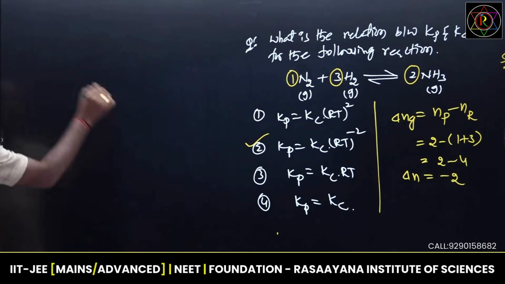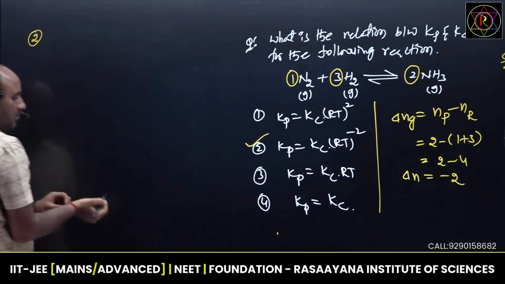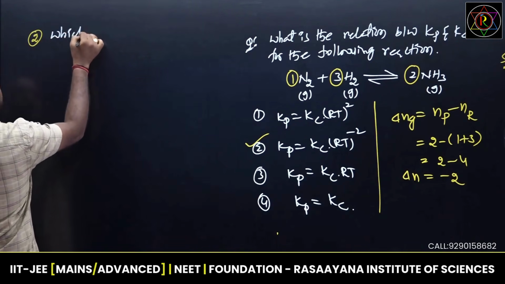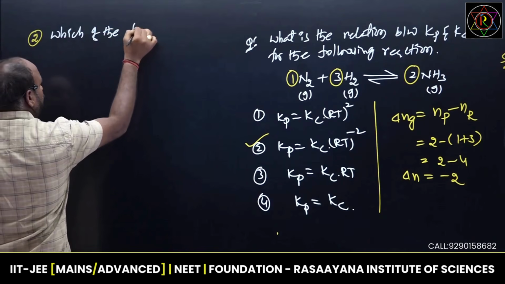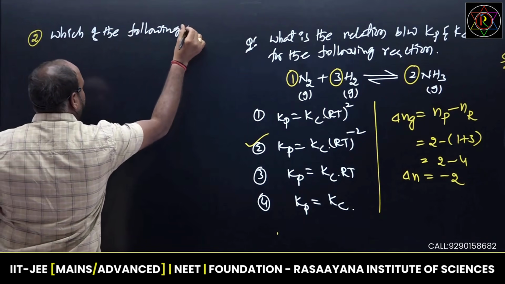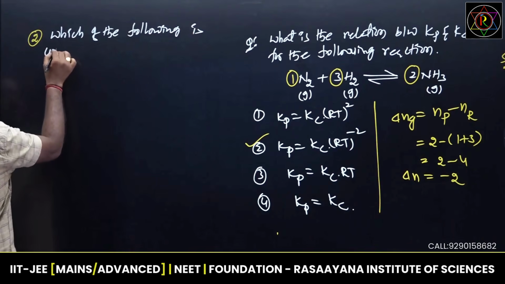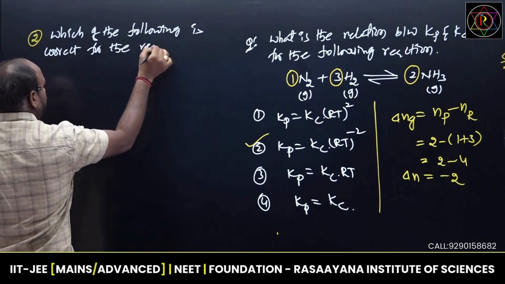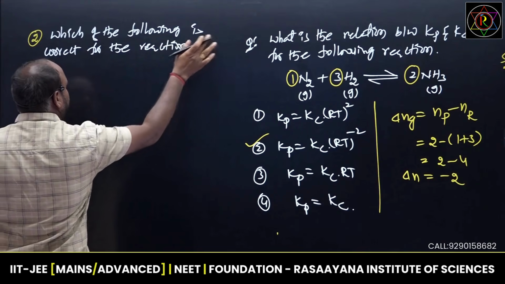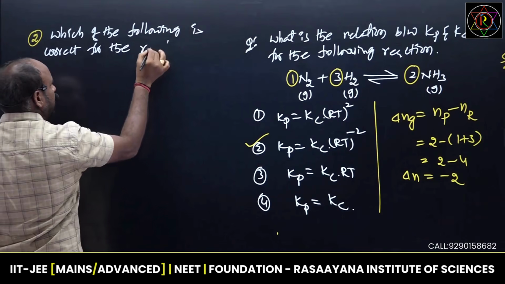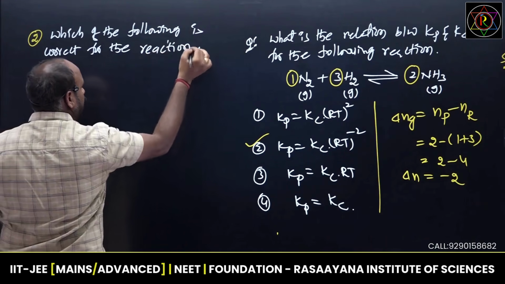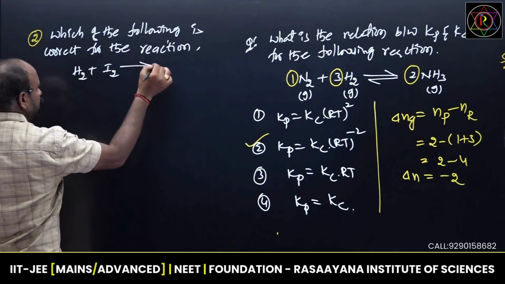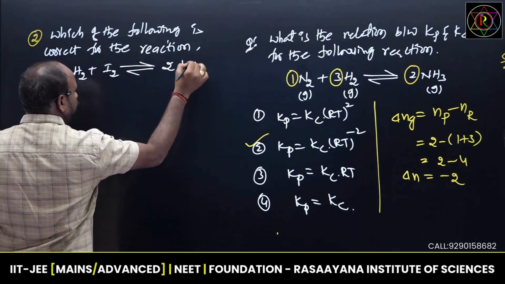Right. So next question. Which of the following is correct for the reaction H2 plus I2 in equilibrium with 2 moles of HI?